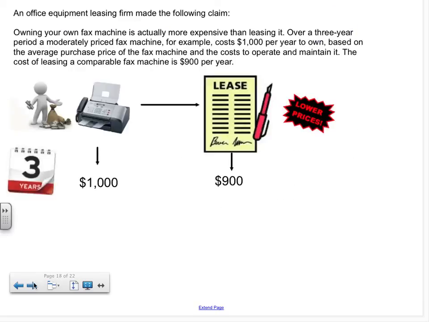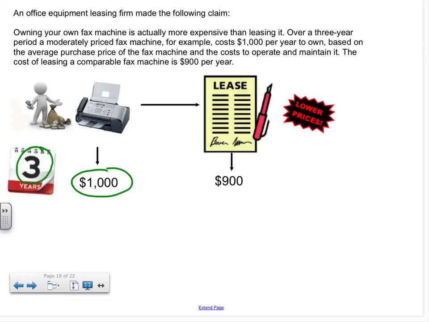So the question reads as follows. An office equipment leasing firm made the following claim. Owning your own fax machine is actually more expensive than leasing it. Over a 3-year period, a moderately priced fax machine, for example, costs $1,000 to own.